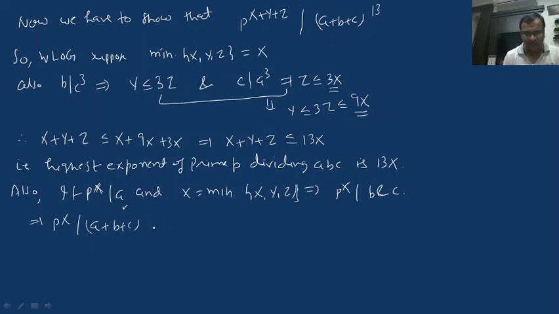And if P to the power X divides A plus B plus C, therefore P to the power 13X definitely divides A plus B plus C raised to the power 13.